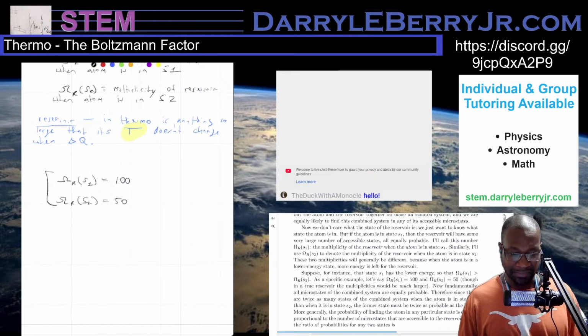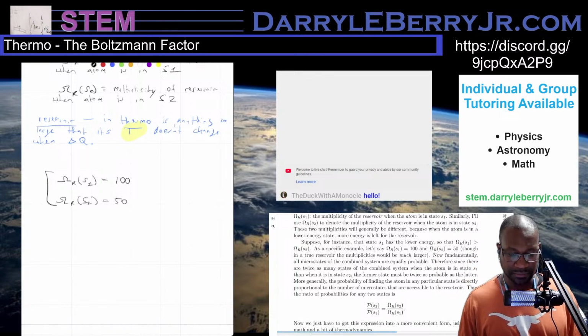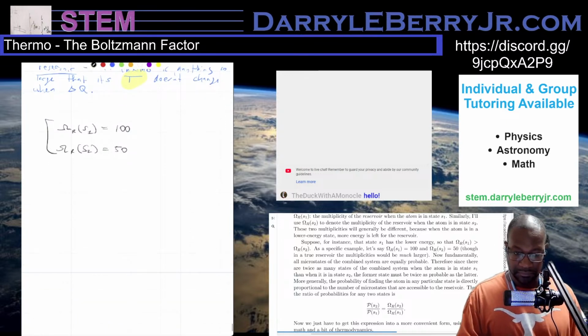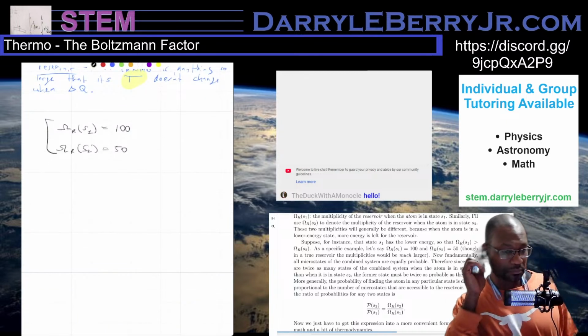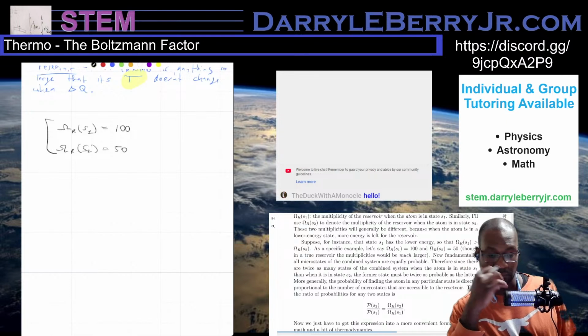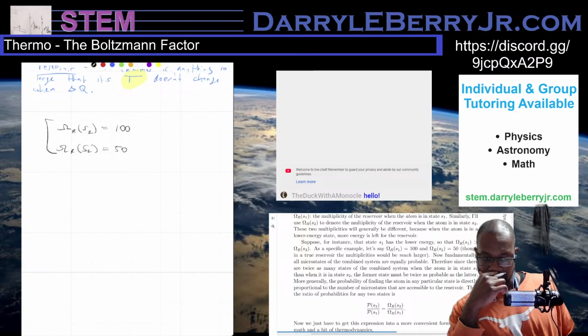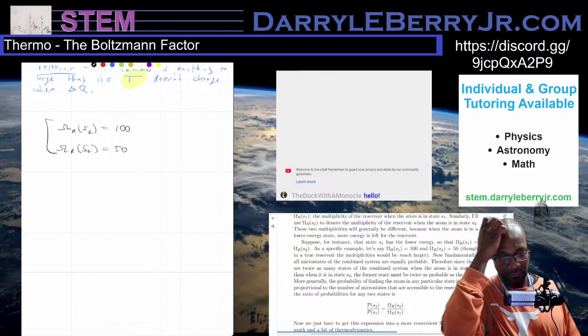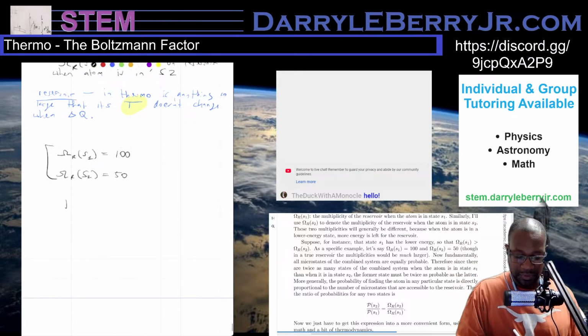Well, generally, the probability of finding the atom in any particular state is directly proportional to the number of microstates that are accessible to the reservoir. Thus, the ratio of probabilities for any two states is... all right, let's just roll with it.